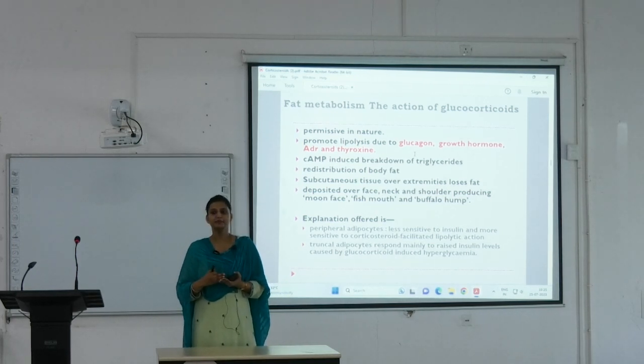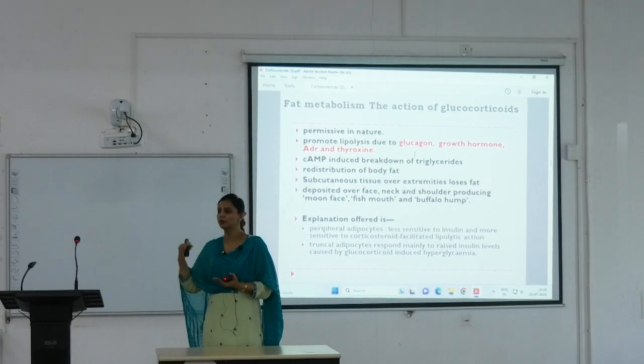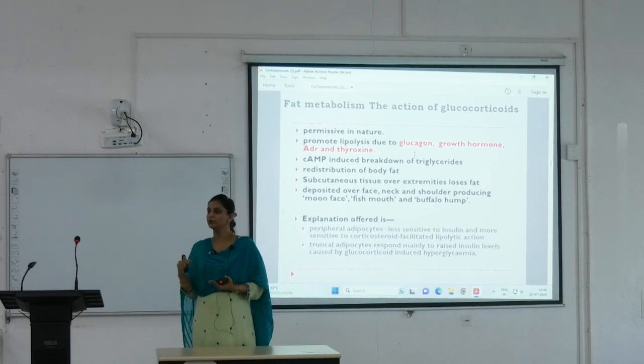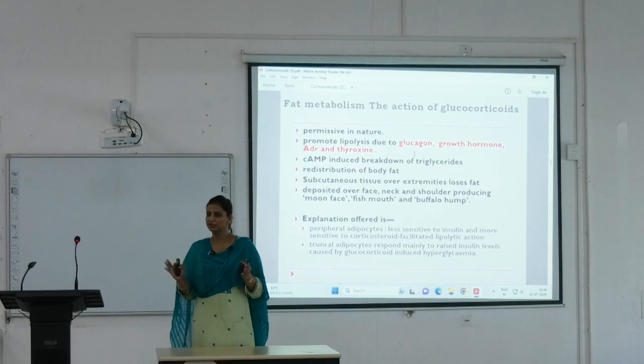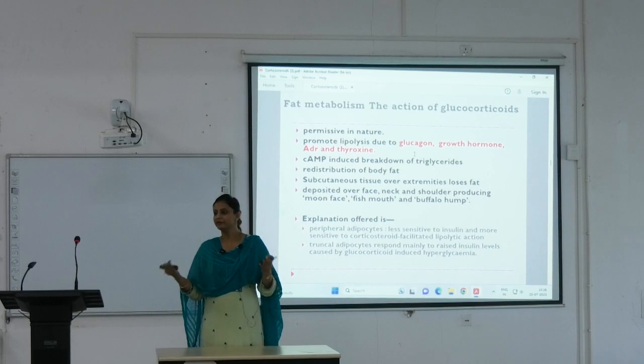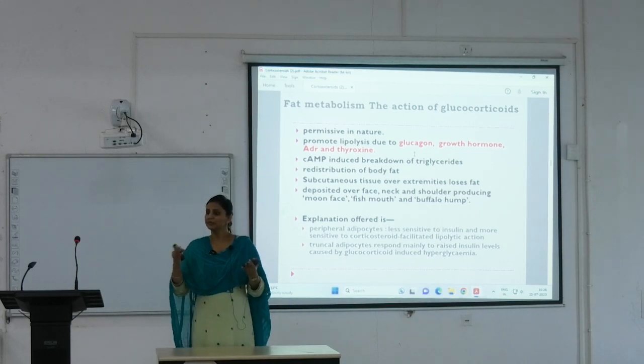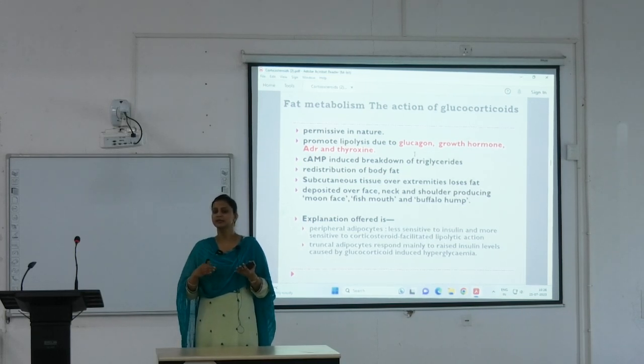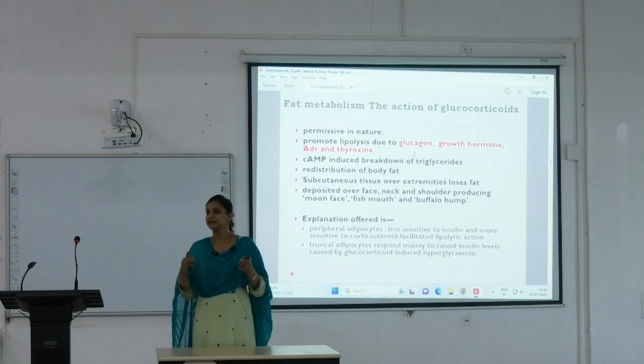Clear? Permissive means in the absence of glucocorticoid, these receptors are down-regulated. But when the glucocorticoid is present in adequate amount in the body, these hormones will act effectively. But in the absence of glucocorticoid, they will not show their actions effectively.